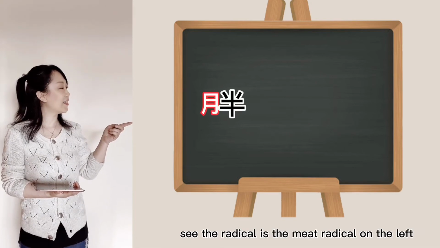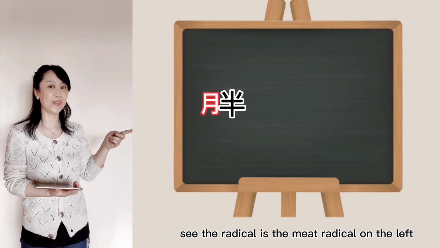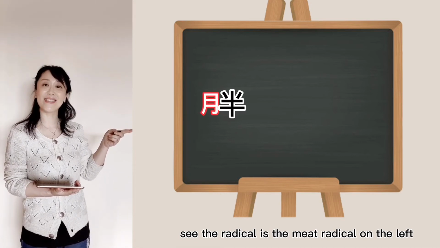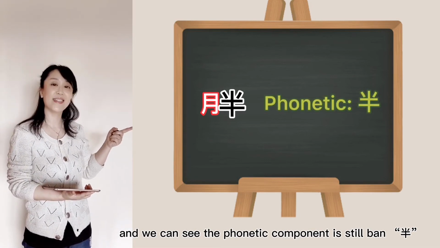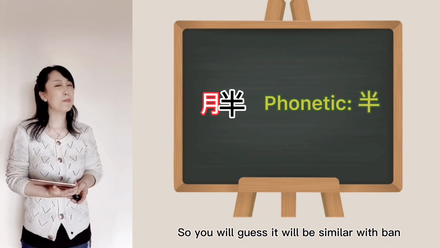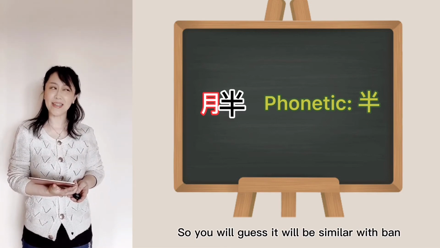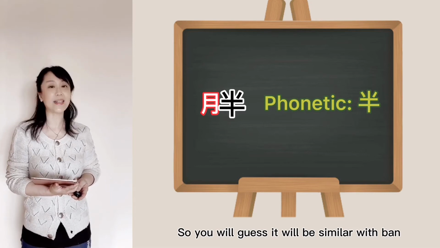See, what's the radical? It's the mid radical on the left. And we can say the phonetic component is still ban. So maybe you can imagine it should be similar with ban.